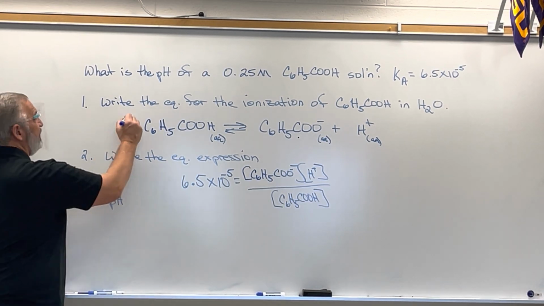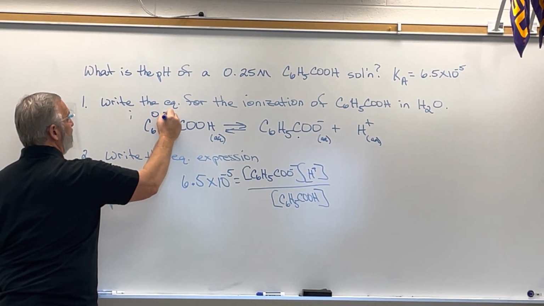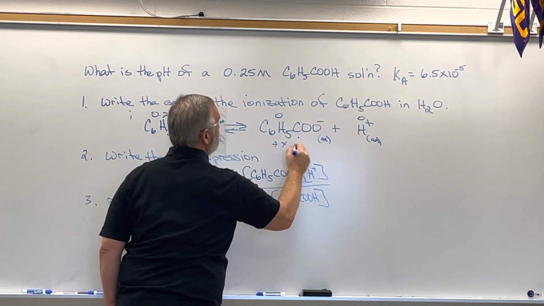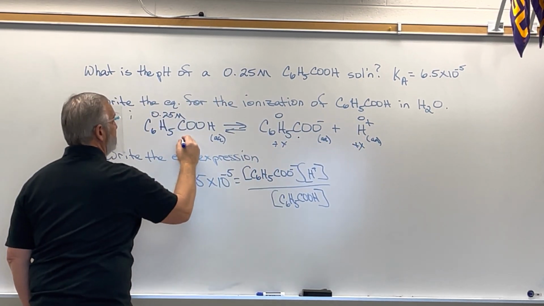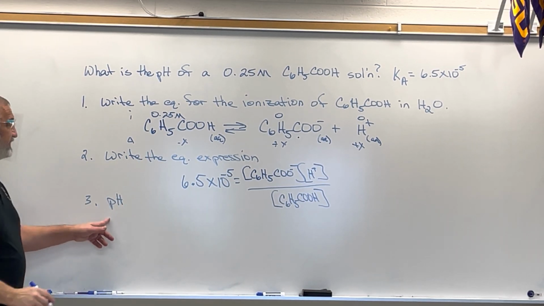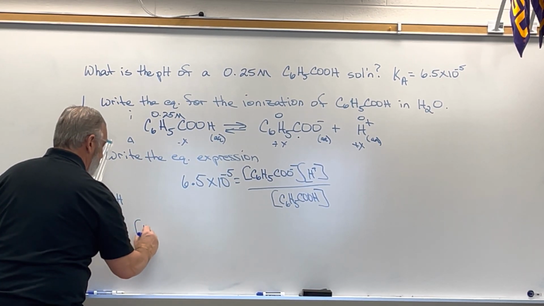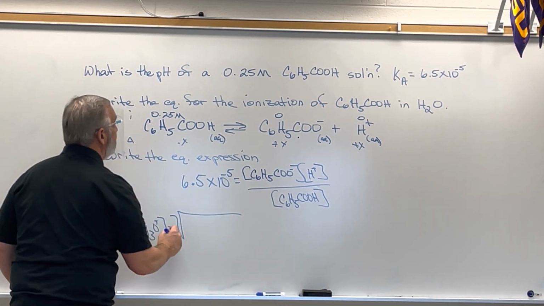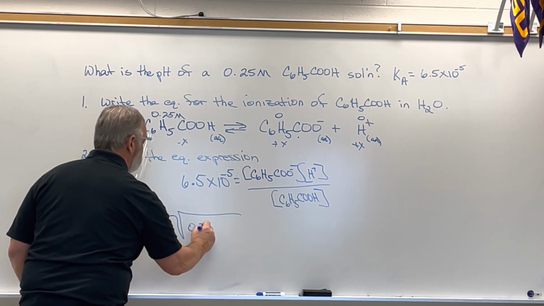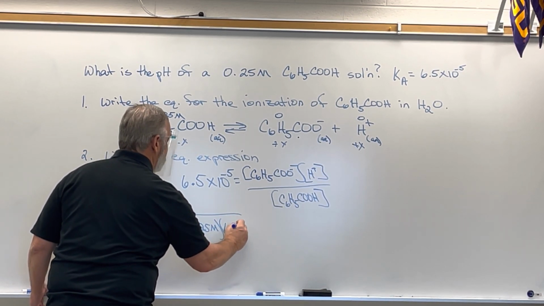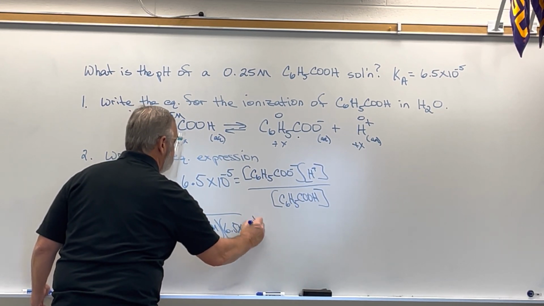So I'm putting in now initial 0.25 molar, 0 and 0. So I know that this is going to be plus X, and minus X. Now I can say that the H3O plus is going to equal the square root of 0.25 times 6.5 times 10 to the minus 5.